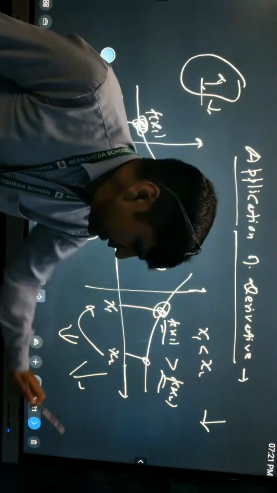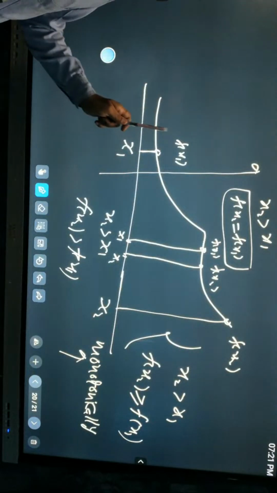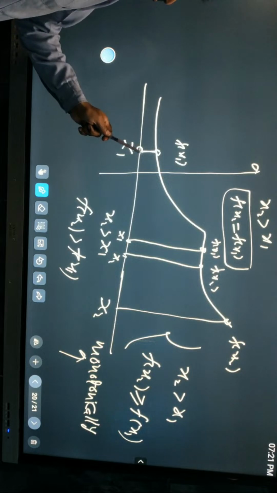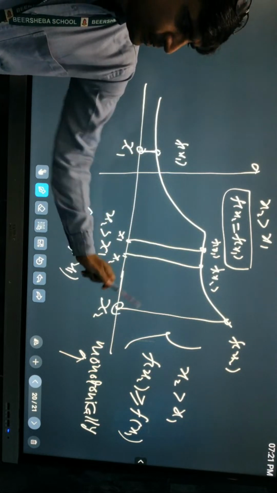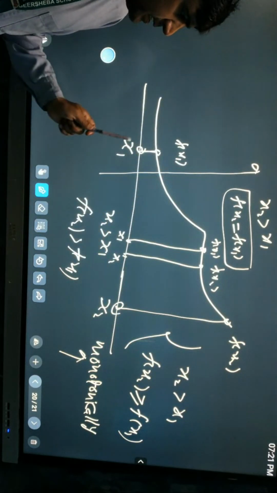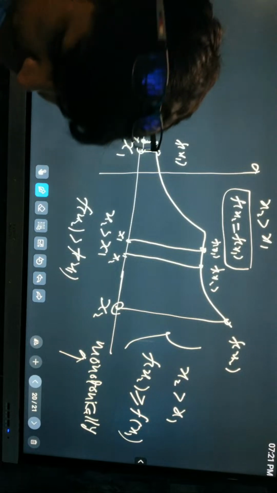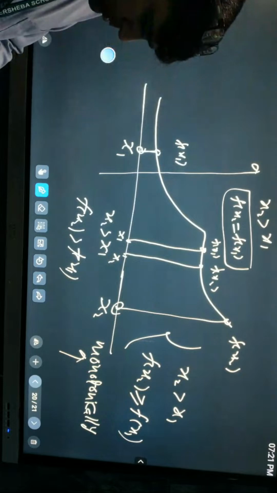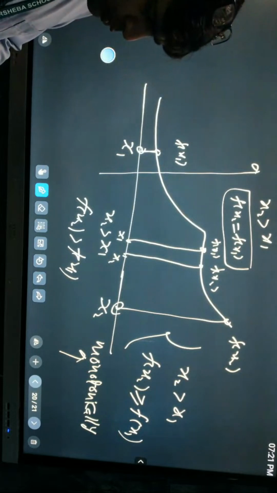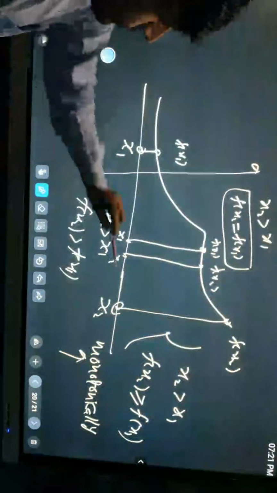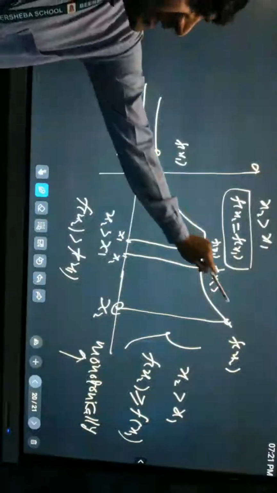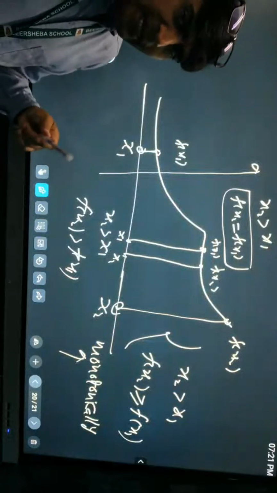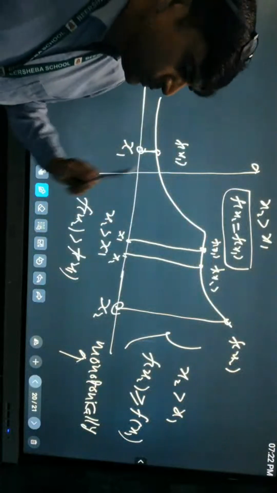In a similar manner, this is a graph. For this graph, first we choose 2 points like this. From the picture, x2 greater than x1 and functional value at x2 greater than functional value at x1. Again, we choose another 2 points x2 and x1.